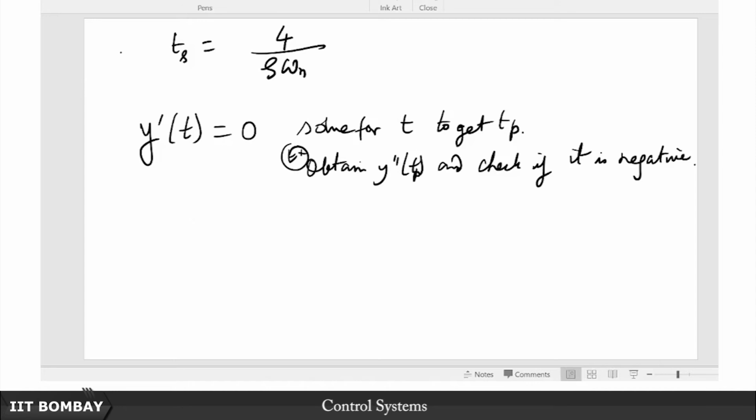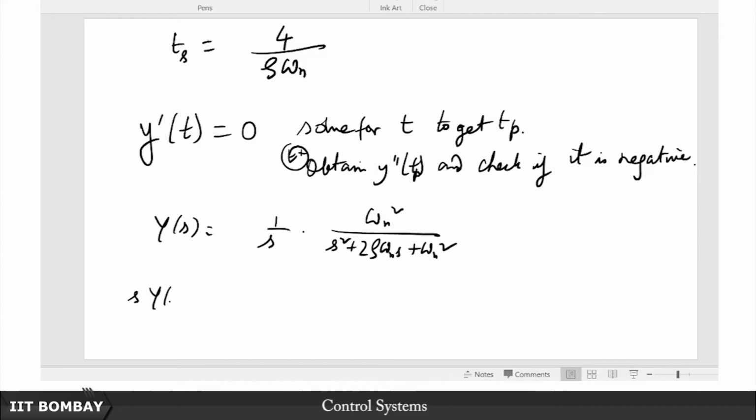Again I leave it to you to check that Y(s) is given by 1 over s times omega n squared upon s squared plus 2 zeta omega n s plus omega n squared, right.